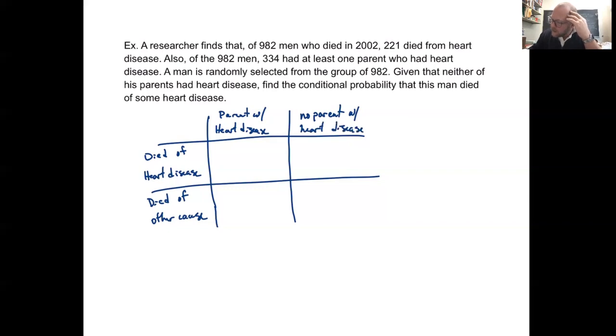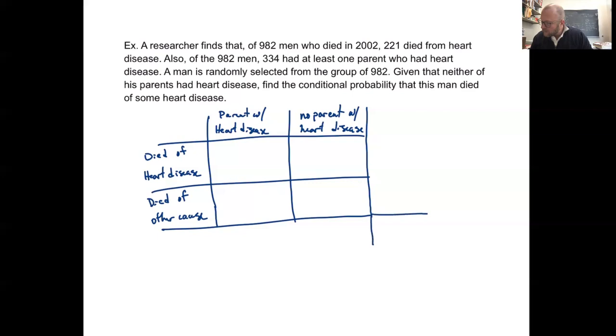Okay. And because of the way things are discussed, we've got some totals to work with. So let's see what we can write down. We have 982 men total, and 221 died from heart disease.